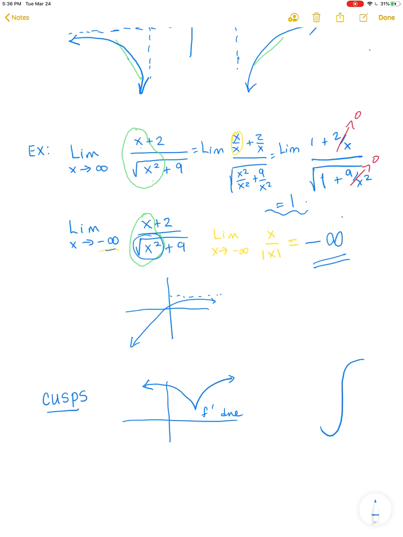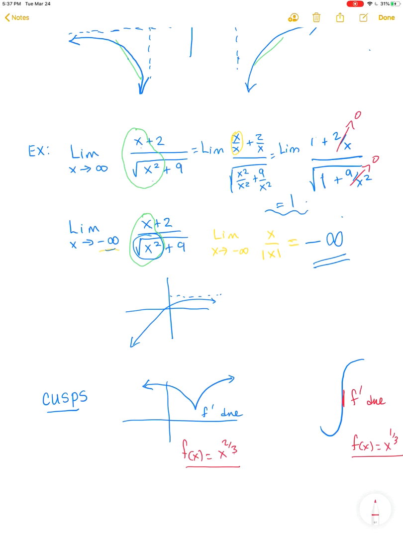We'll also have places in the graph where the tangent line is going to be vertical. So here f prime does not exist. That kind of thing happens maybe like f of x is x to the 1/3. This kind of thing happens maybe with f of x is x to the 2/3. This one, since it's a cube root, is defined for all values of x, but its derivative is going to have a denominator, so that's going to give us a sharp corner.